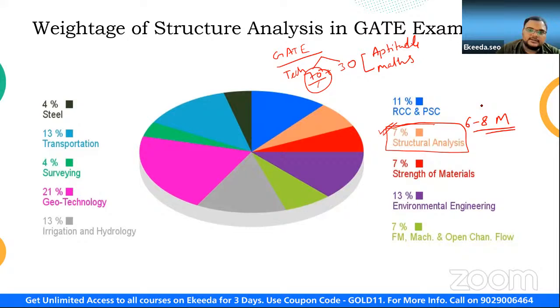Now these 6 to 8 marks are mostly numericals, asked in a simpler way, right? In the paper of ESE, this topic of structural analysis is asked on a different level altogether. But in GATE examination, this topic is asked on a very simple, very basic level.